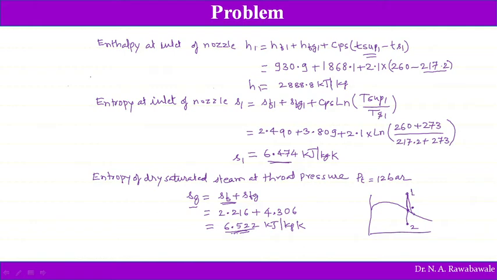That means if we take it straight forward, then entropy is less. Entropy is less in the sense this point is not above this curve, it is below this curve, and it is wet steam. So we have one more criterion to know whether steam is wet or dry saturated.